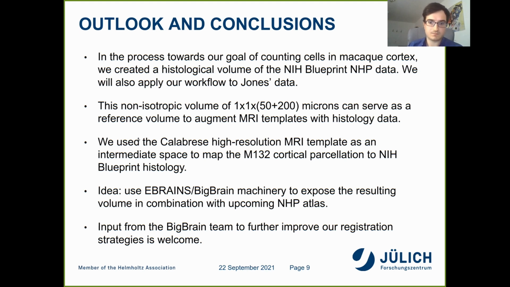So we needed to choose some in-between medium, the Calabrese high-resolution MRI we used, because you cannot easily map directly just a cortical parcellation into a set of sections. But we might as well take the upcoming NHP atlas as an intermediary.